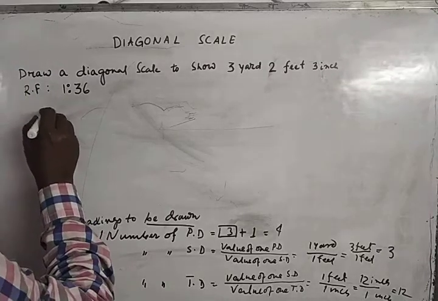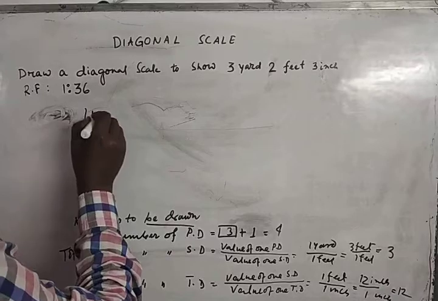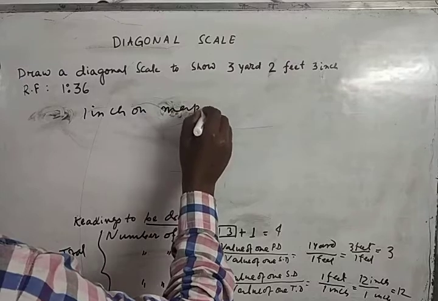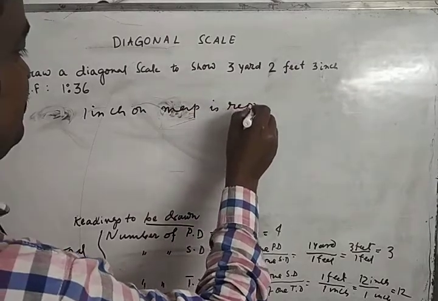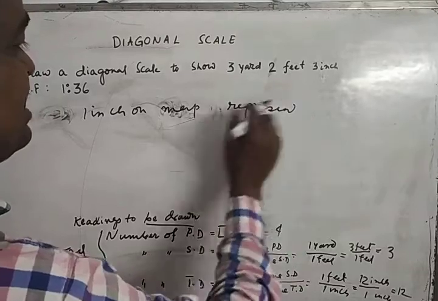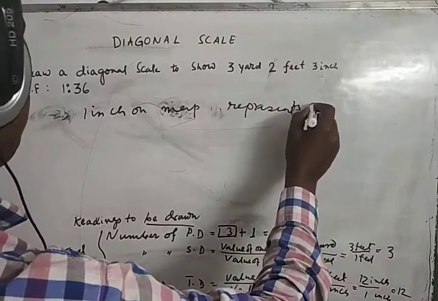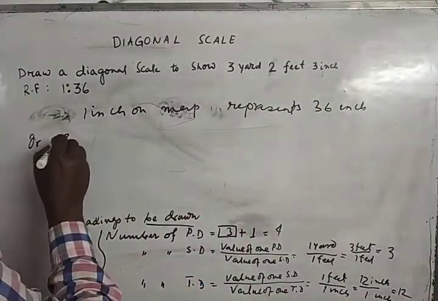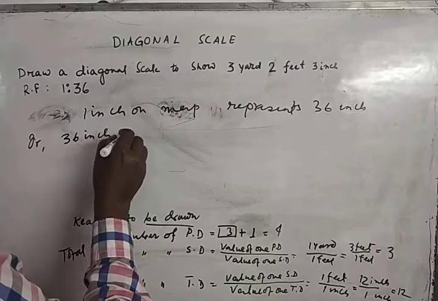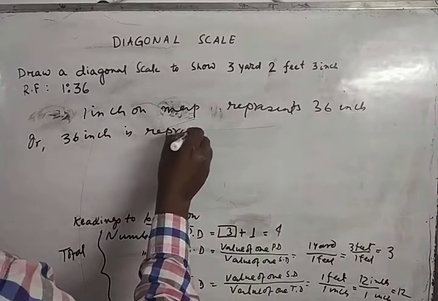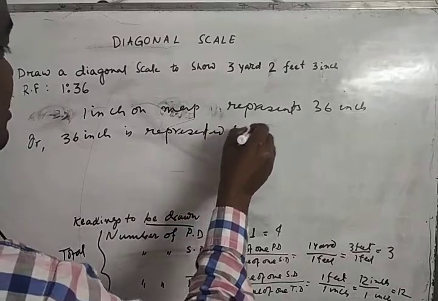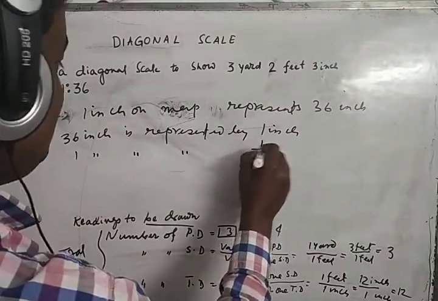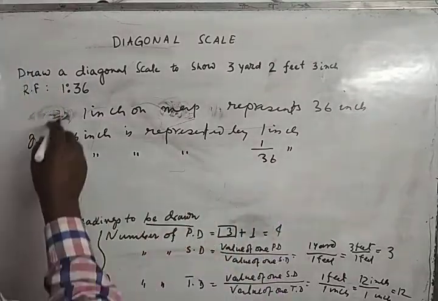That means 1 inch on the map represents 36 inch on the ground. Then 1 inch is represented by 1 by 36 inch. Then how much?